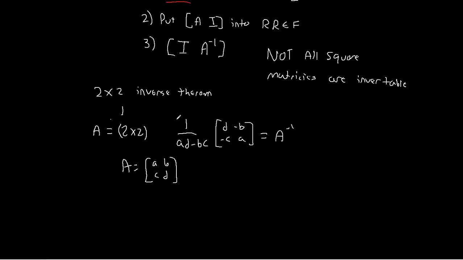This actually brings up the first instance where we would not have an inverse. If AD minus BC is equal to 0, this does not work. So if we have a 2x2 matrix, we simply use this equation.